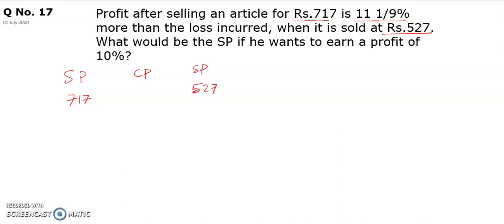Now it says the profit after selling an article is 11 1/9% more than the loss. We know the fraction value of 11 1/9% is 1/9. So profit after selling an article is 11 1/9% more than the loss.